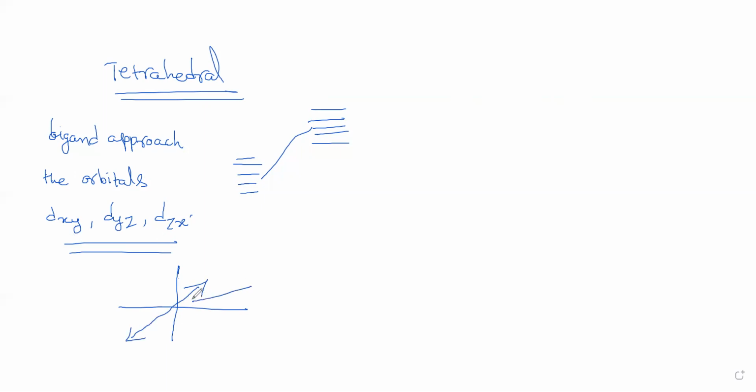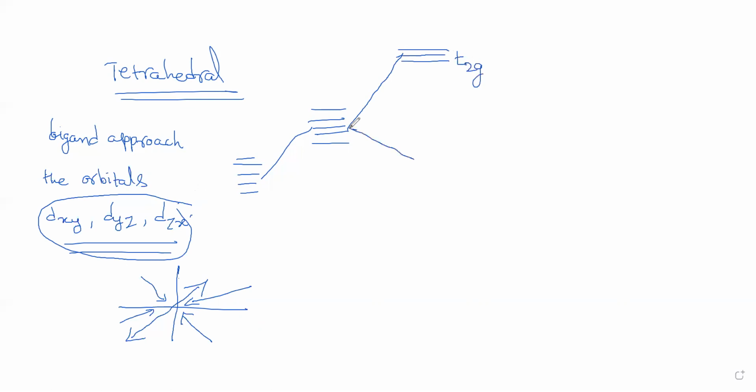It is not along the axis, they will go in between the axis. These are the orbitals which are going in between the axis. So you will get T2G on the top and EG at the bottom. The orbitals which are along the axis, they will go down, and the orbitals in between will go up.